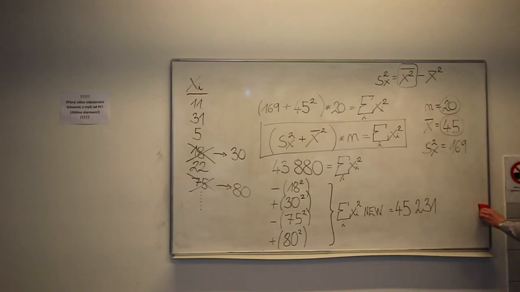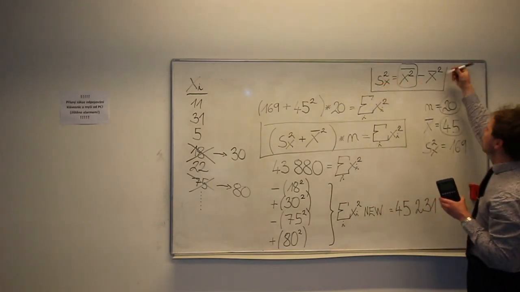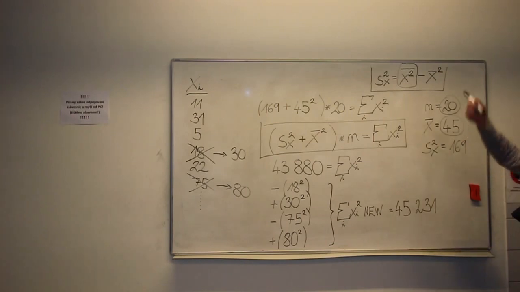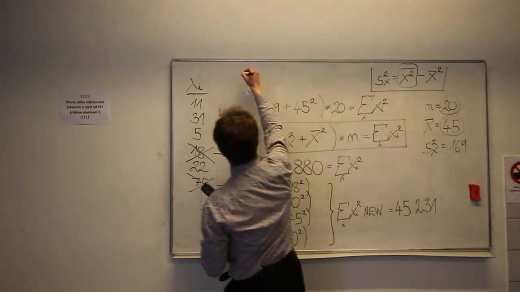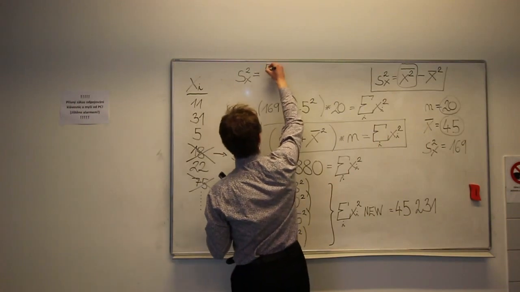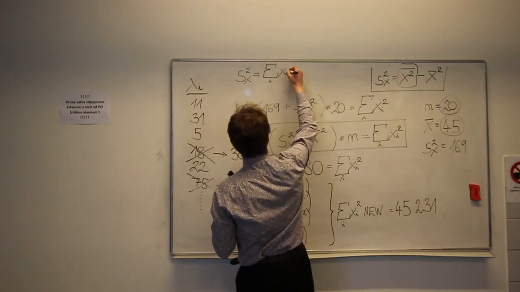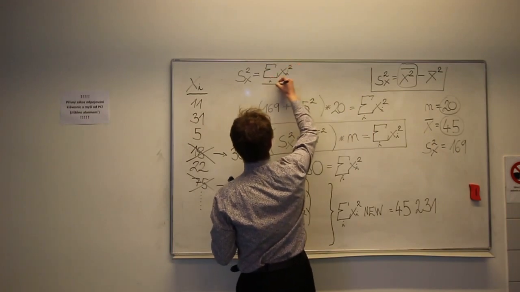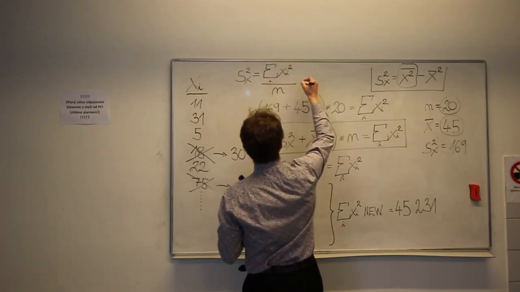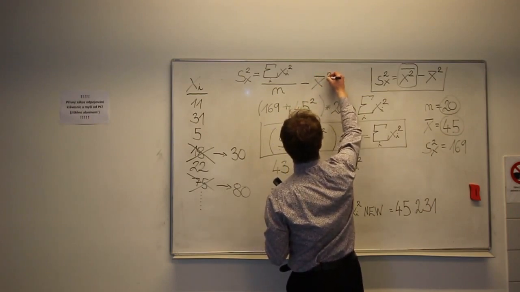And now return to this computational formula. Yes, we will return to this computational formula. I will write here one more time: s x squared is calculated as the summation through all xi squared divided by n minus x with stripe squared.